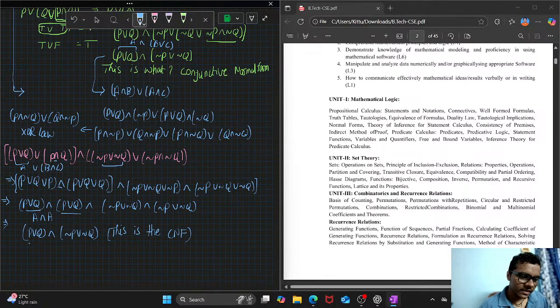You just did this, right? This entire thing is A and B or C. Here we did that, right? So just do that and you will get this answer. So we haven't made any mistake before. We just got confused between the DNF and CNF. So we were right before.